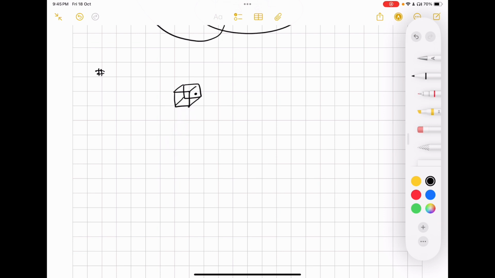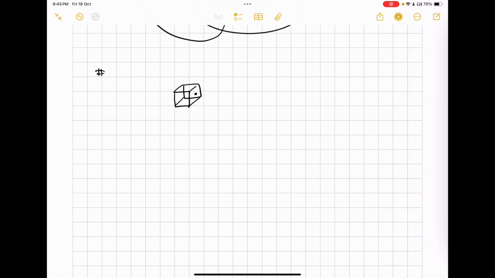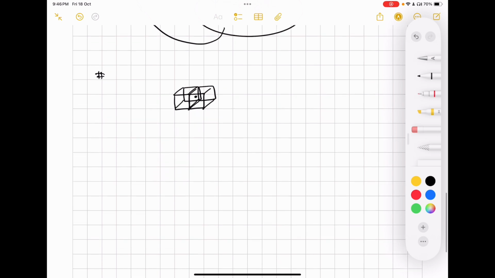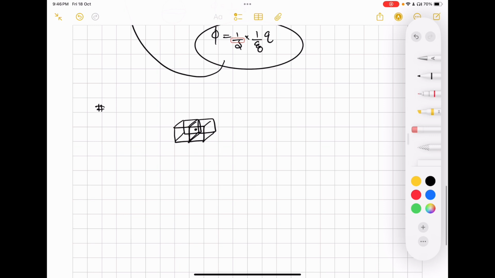We can add one more cube like this here, so that the charge is completely inside a closed shape.